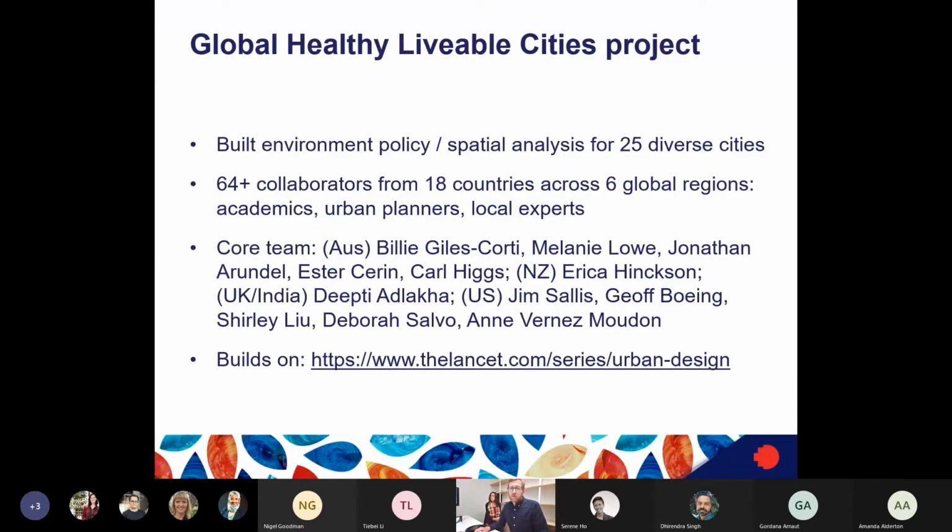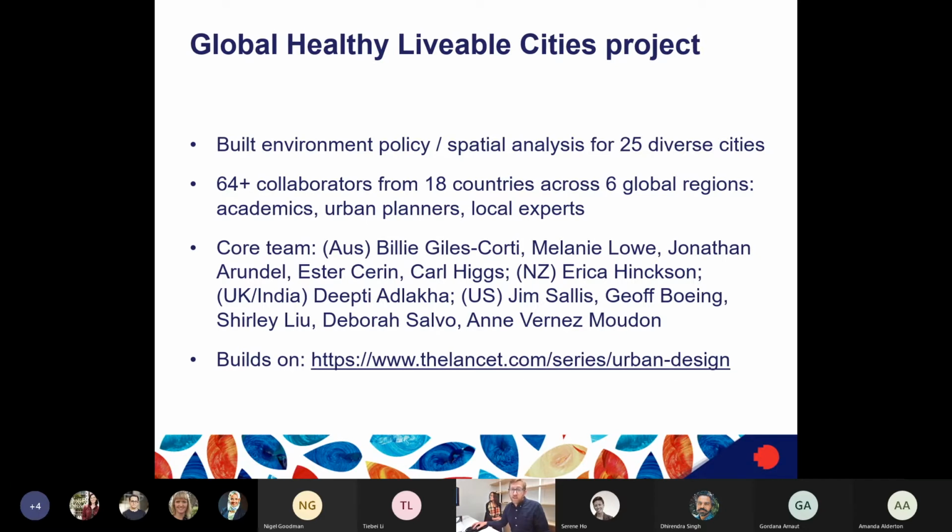So the Global Healthy Liveable Cities project is an extension of a long-running program of work undertaken by researchers within the Healthy Liveable Cities group and the International Physical Activity and Environment Network, IPEN. A lot of these projects have been concerned with the health and wellbeing impacts of access to the social determinants of health, and in particular with the use of urban design and policy to encourage physical activity.